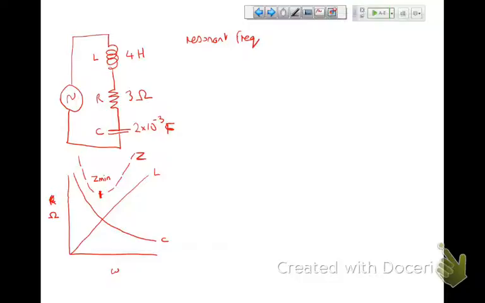When I have the frequency for my Z min, I get a maximum current, a maximum signal. And I call this omega naught, the resonant frequency. And it's got mechanical equivalence. Do you remember the trolley where the student waved the trolley backwards and forwards when we did oscillations and waves?